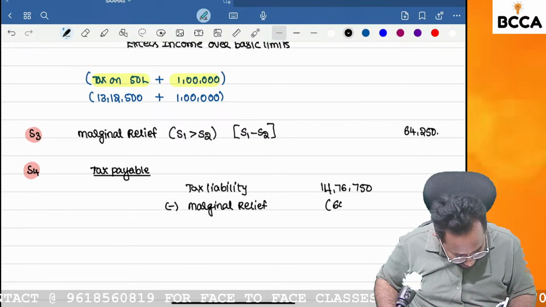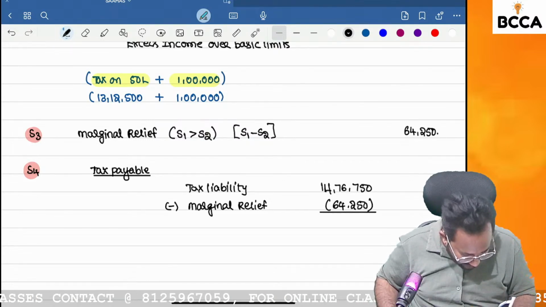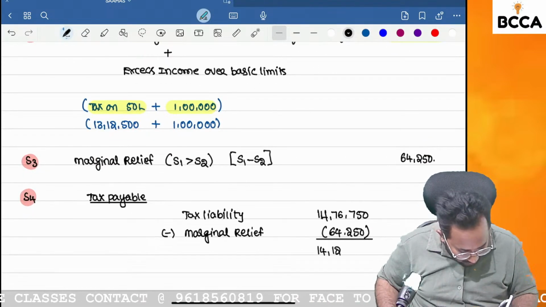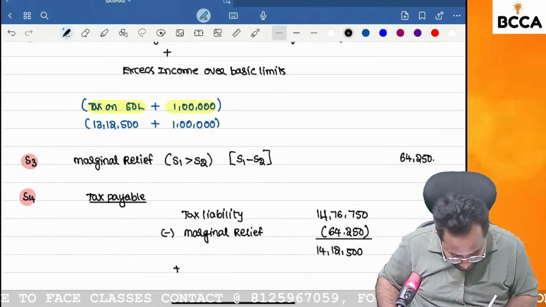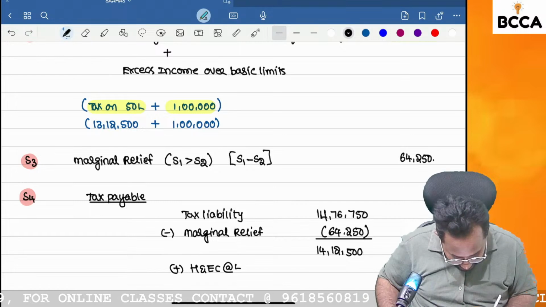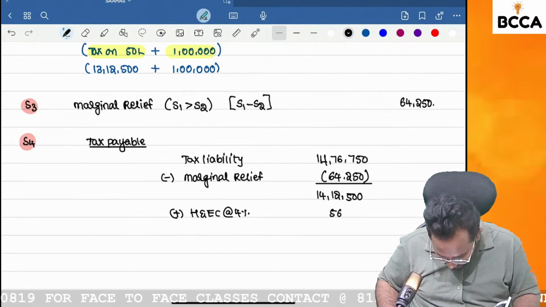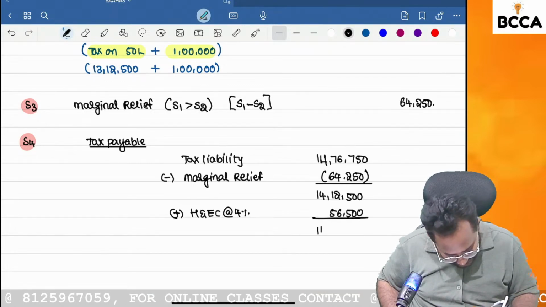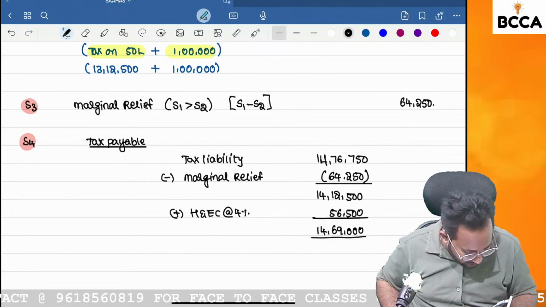You will get 64,250. After reducing that marginal relief, indirectly you will get step 2 only as the answer: 14 lakh 12,500. Now you have to add the health and education cess here. Can you tell me what it is? 56,500 total. 14 lakh 69,000.